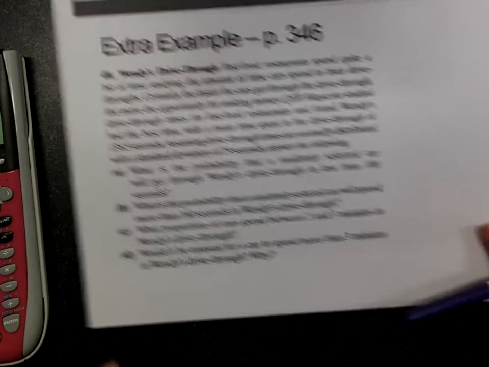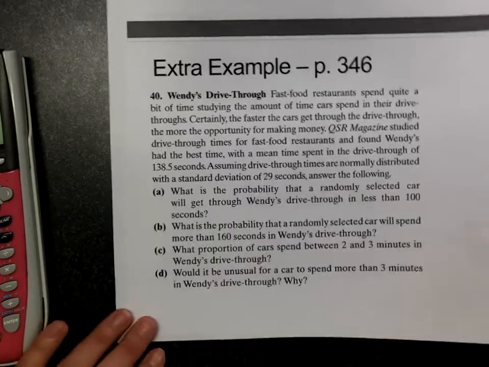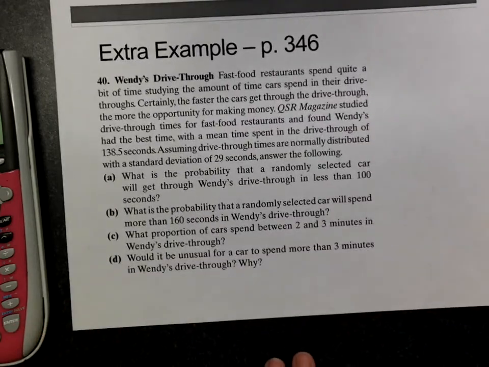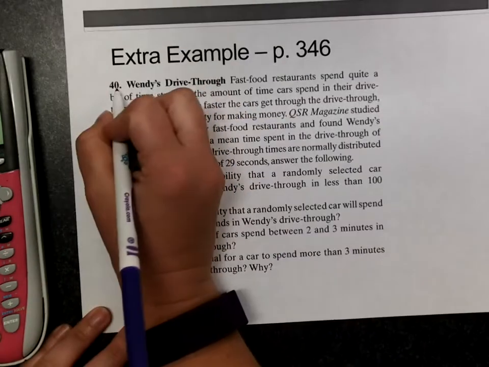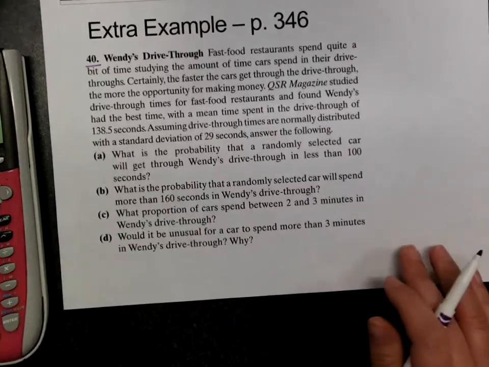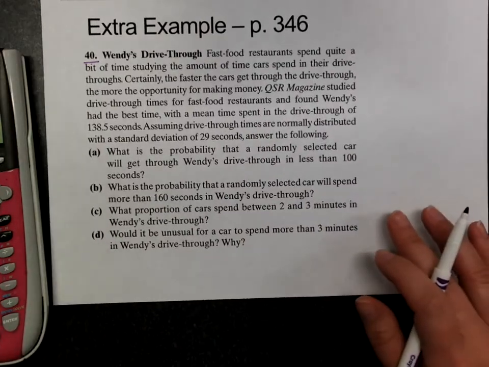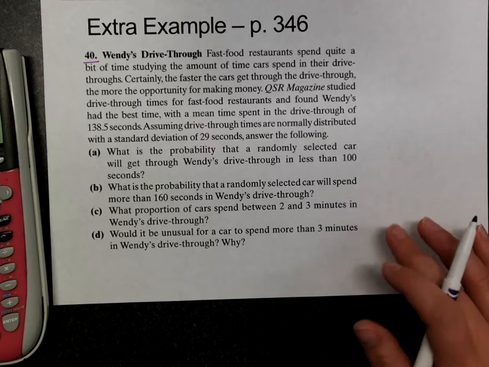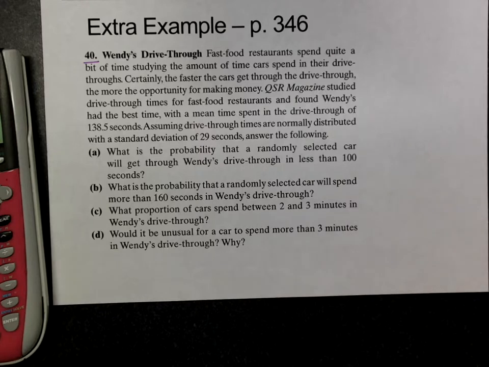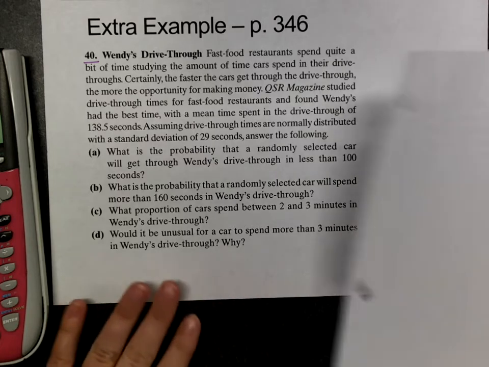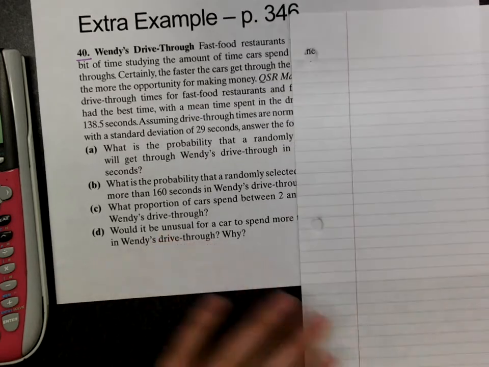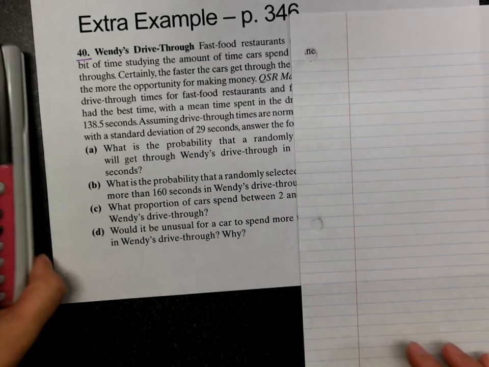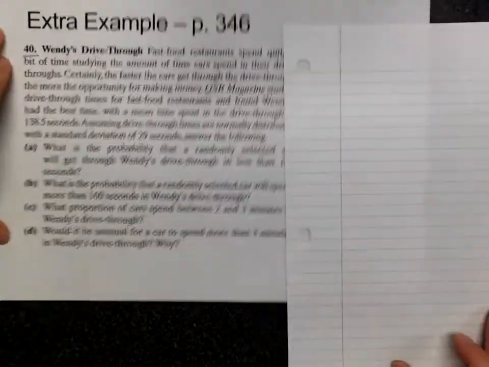All right, I think I have just one extra example here that I pulled out of the book, question number 40 from your textbook, just to pull all of this together. You probably don't have enough room on your page, so I'd get a sheet of notebook paper to help you with this one. So this is a Wendy's drive-thru.